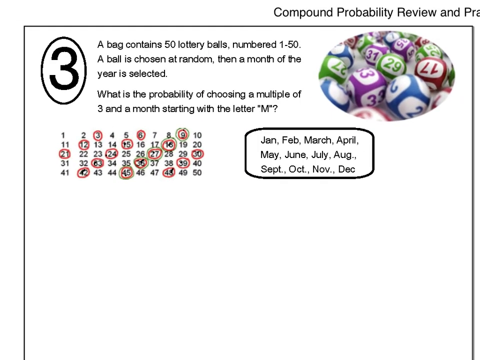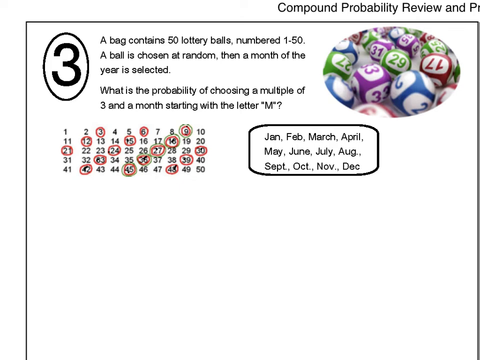All right, so a lot of you got started with this one, and this one was a little bit trickier. A bag contains 50 lottery balls numbered 1 to 50. A ball is chosen at random, and then a month of the year is selected. What is the probability of choosing a multiple of 3 and then a month starting with the letter M? Well, if we have 50 lottery balls, right?